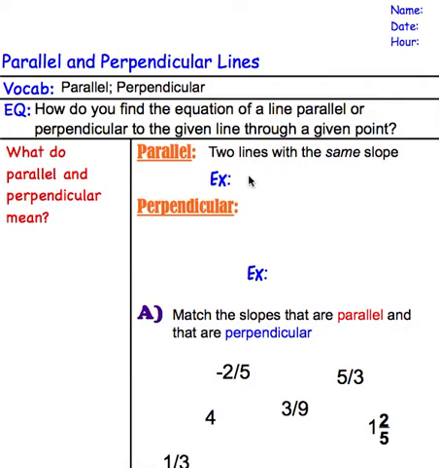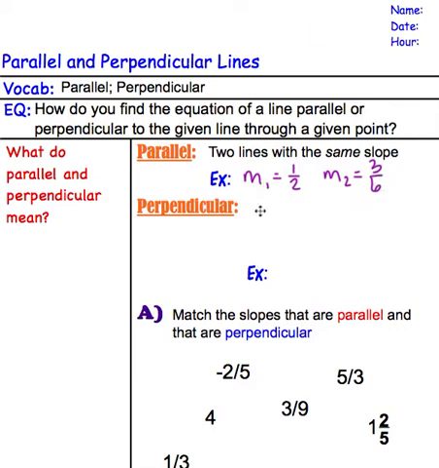For example, slope 1 is 1/2 and slope 2 is 3/6, because that would simplify to 1/2.